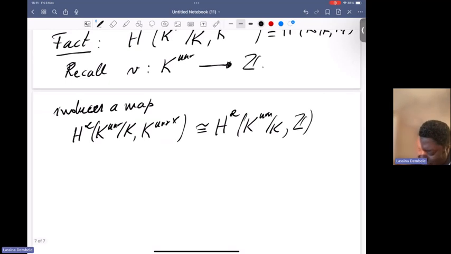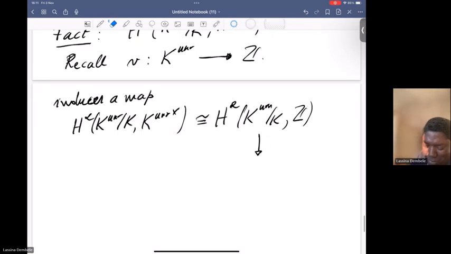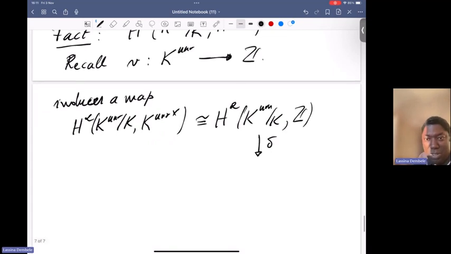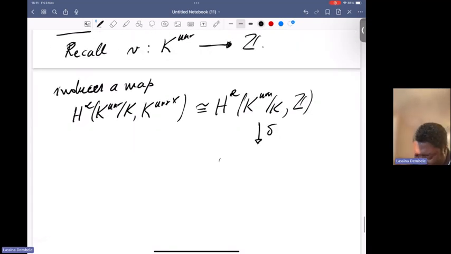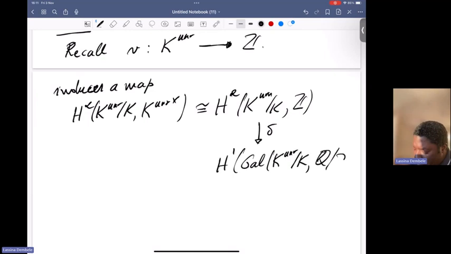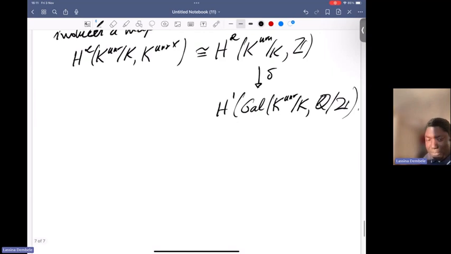And then using the connecting homomorphism of this, you get that this would be isomorphic to H2, or sorry, H1 of the Galois group of the unramified extension over K with values in this divisible group that I mentioned earlier.